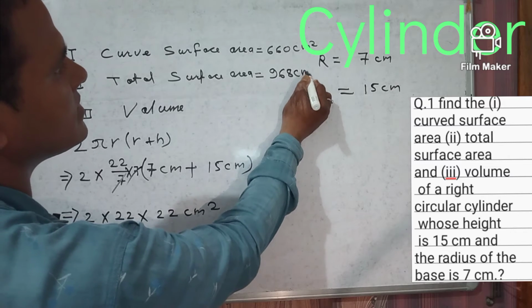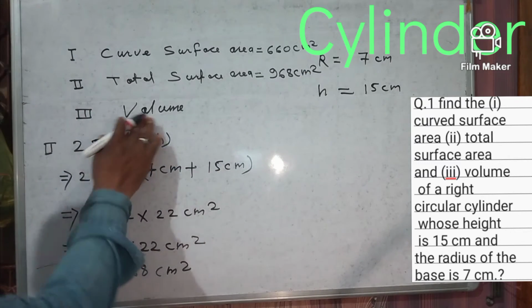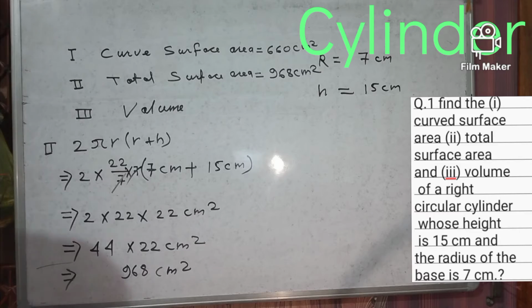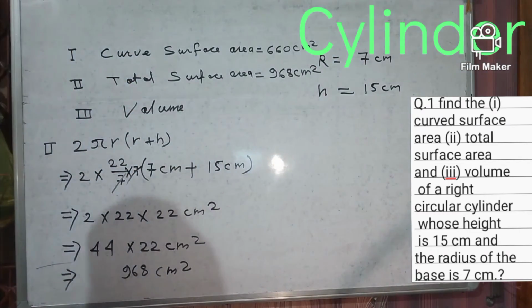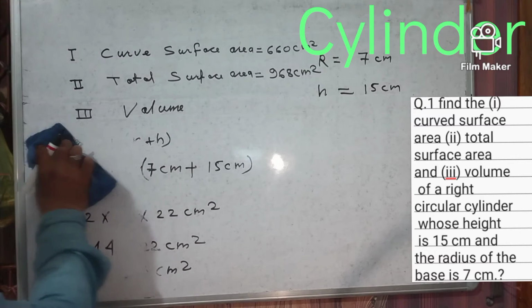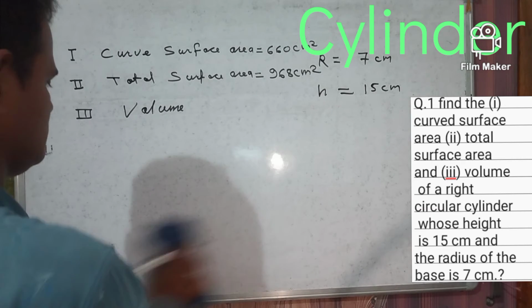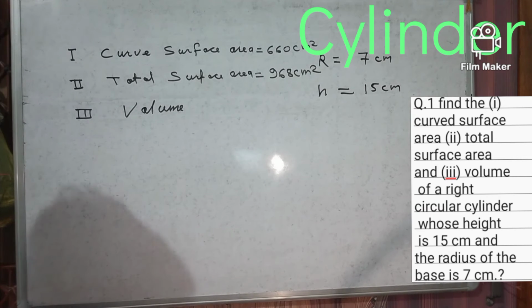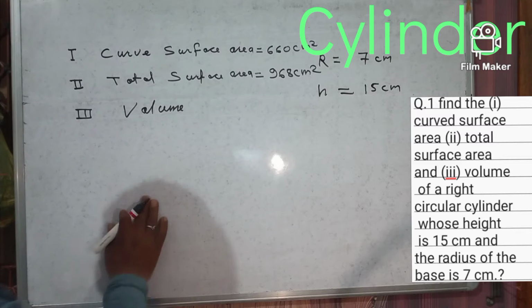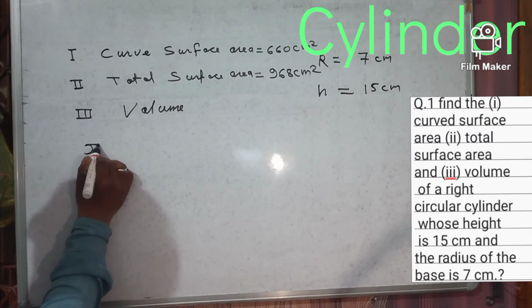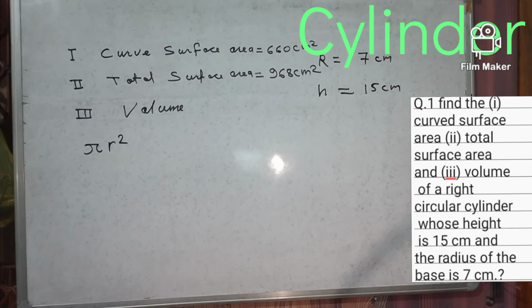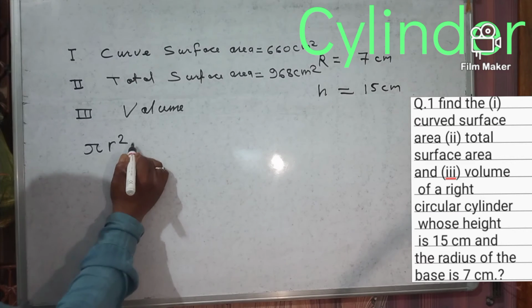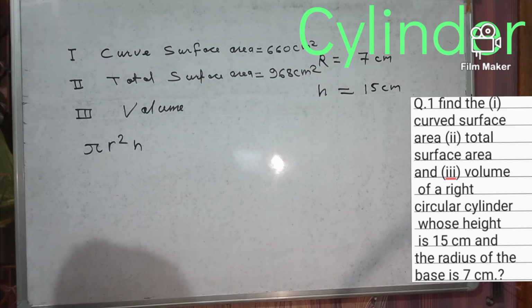So see here, total surface area is equal to 968 centimeter square. Now what is the volume of this cylinder whose radius is 7 centimeter and height is 15 centimeter? So now see here, volume formula is pi r square h, pi r square h, right?